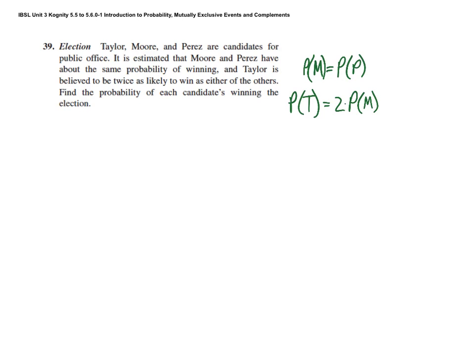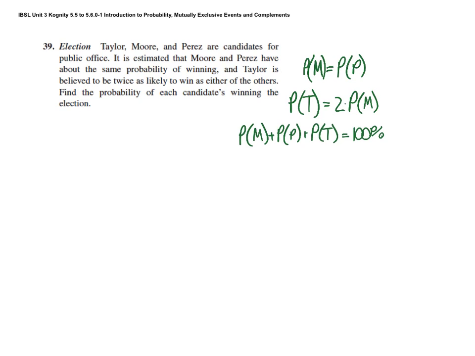They're all going to add up to 100%. So the probability of Moore plus the probability of Perez plus the probability of Taylor has to add up to 100%.